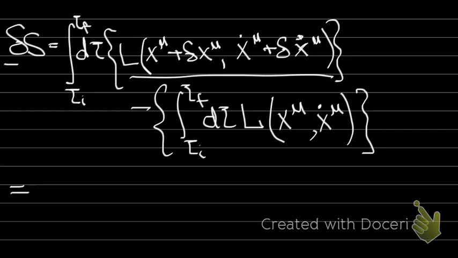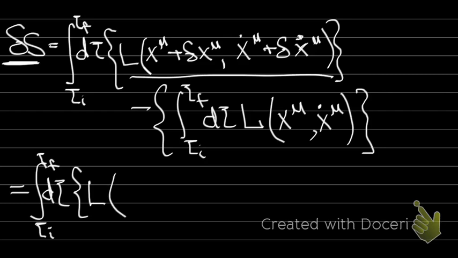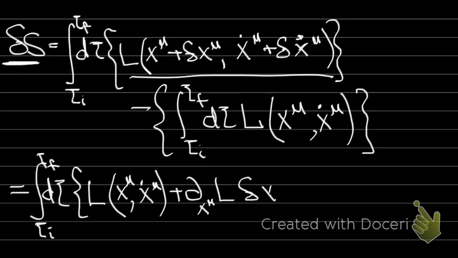I'm just going to say this delta S is equal to the integral from tau_i to tau_f d tau of the Lagrangian as a function of x^mu and x dot^mu, plus the deviation terms added in: the partial derivative with respect to x^mu of my Lagrangian times delta x^mu, the deviation of the path, plus the partial derivative with respect to x dot^mu, the velocity component, of my Lagrangian, multiplied by the deviation velocity. So with what velocity it deviates from its path.